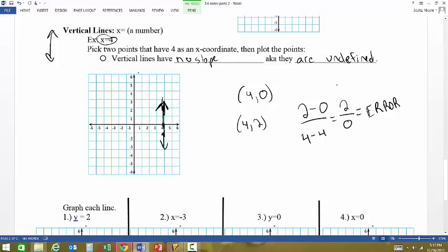So anytime you get an error message, that means there is no slope. And that kind of makes sense. You really couldn't go skiing down a slope like this. You would just fall. So it's not going up and it's not going down. It's doing both at the same time, and that would make no sense. So we have to say that there's no slope. No slope that we can measure here.